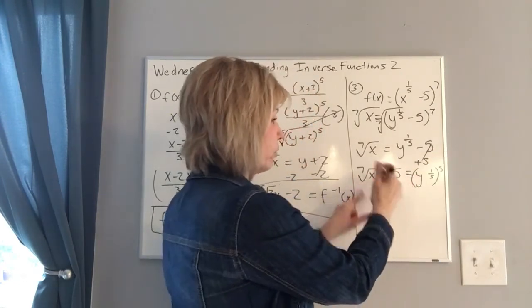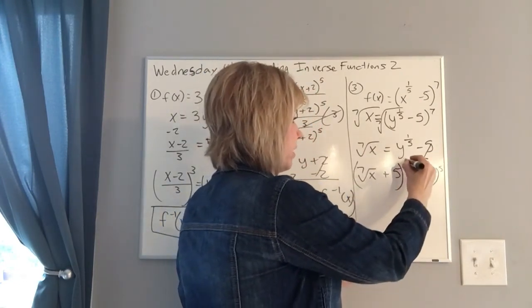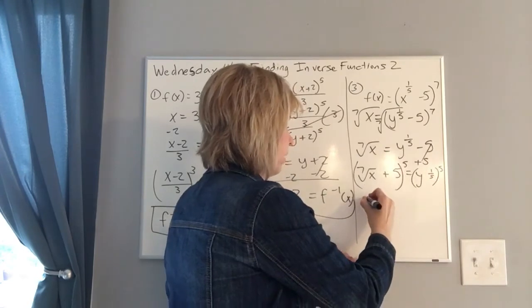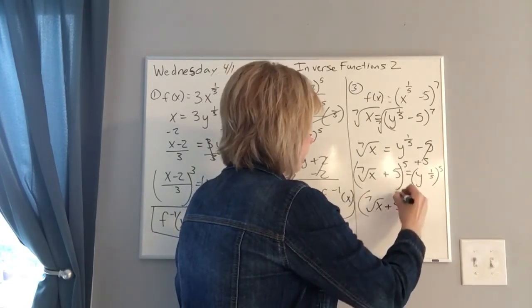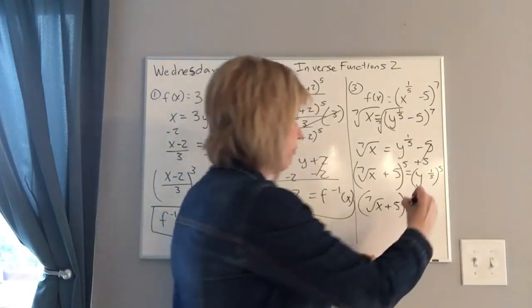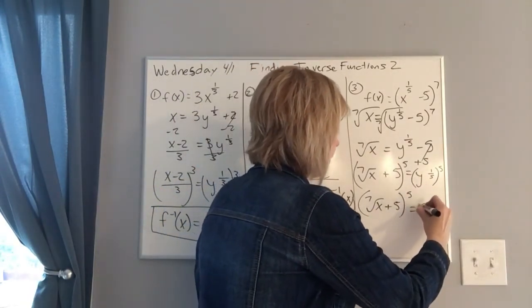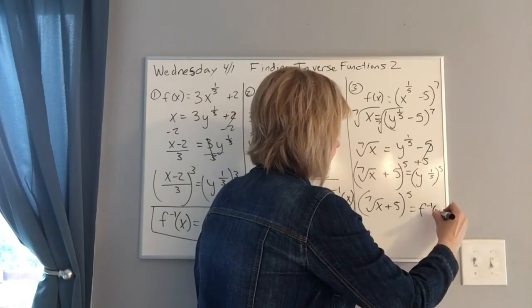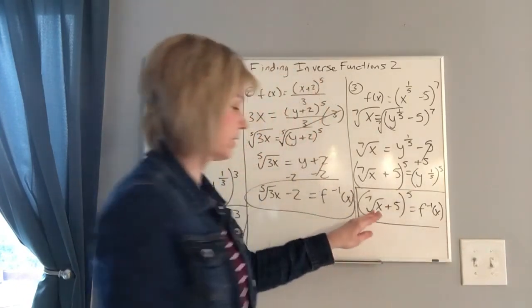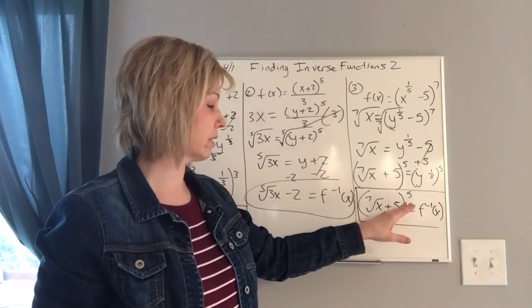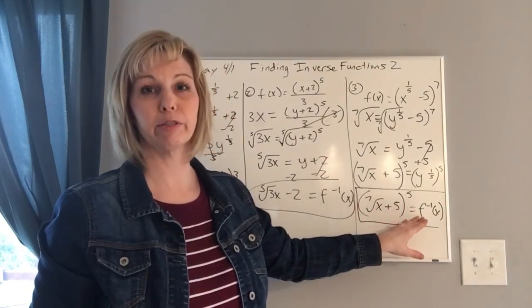But we've got to do it to the whole side, so you've got to put parentheses to the 5th power. So we have the 7th root of x plus 5 in parentheses, all to the 5th power equals our inverse function.